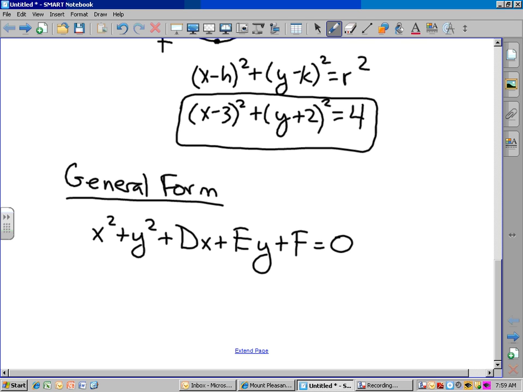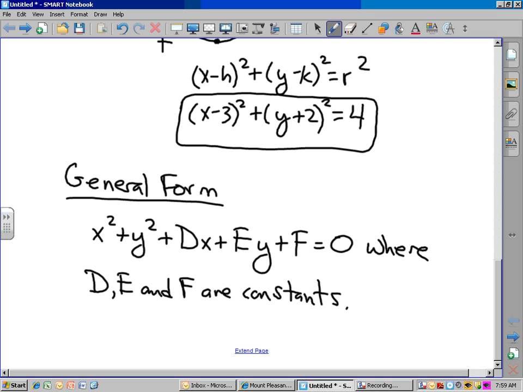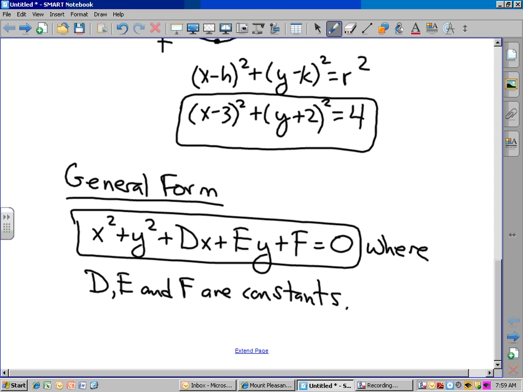D, e, and f, or just constants. Could be any number.